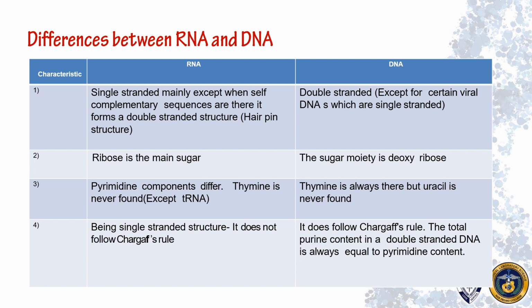There will be times that it will become a double-stranded structure, and hence we have your mRNA, your tRNA, and other types of RNA. On the other hand, your DNA is really double-stranded, except for certain viral DNA which are single-stranded. So there are double-stranded DNA viruses and single-stranded DNA viruses.